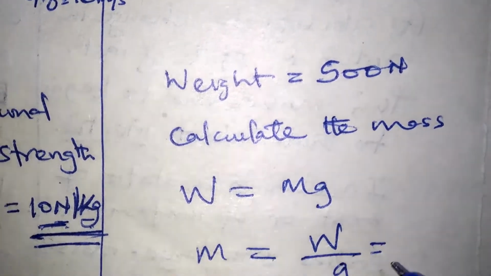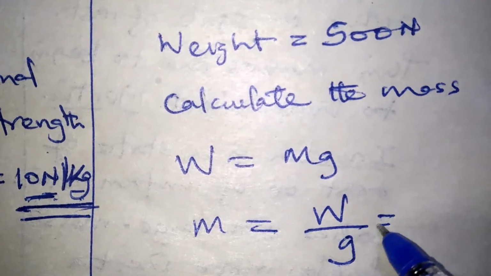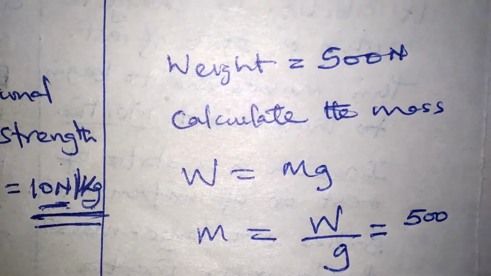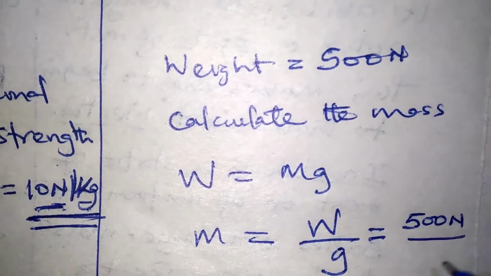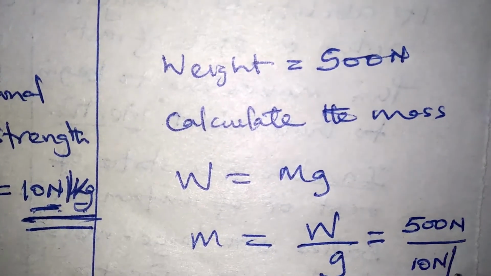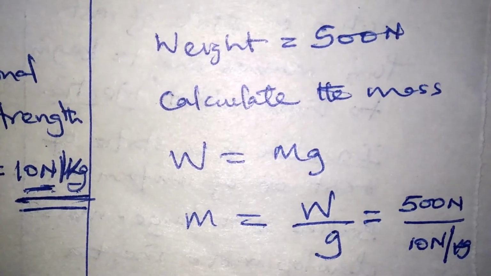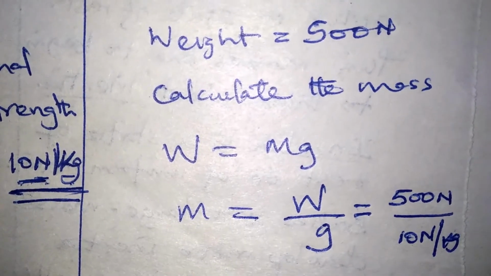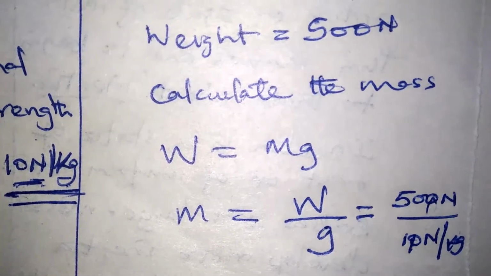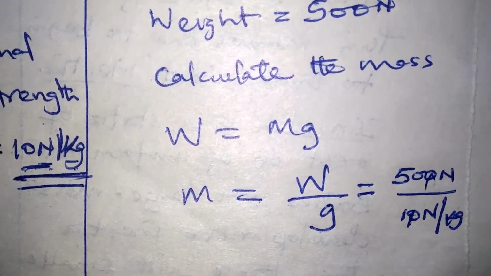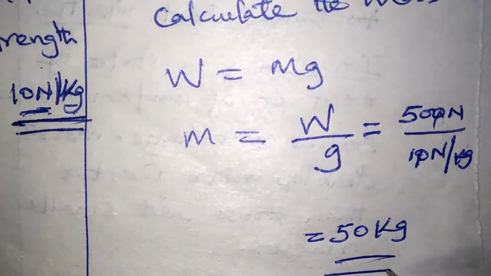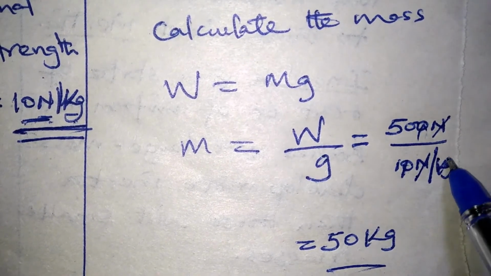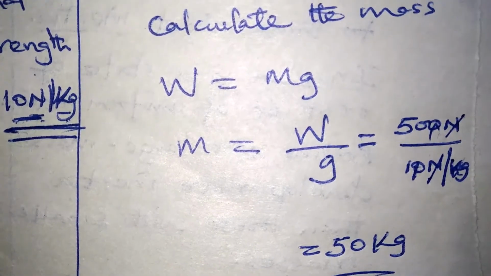Since g is always known to be roughly 10 Newton per kilogram, we take 500 Newton and divide by 10 Newton per kilogram, and following the mathematics rules, this kg will go up and we end up with 50 kilogram, because Newton and Newton cancel and we are left with the kg, which goes up.